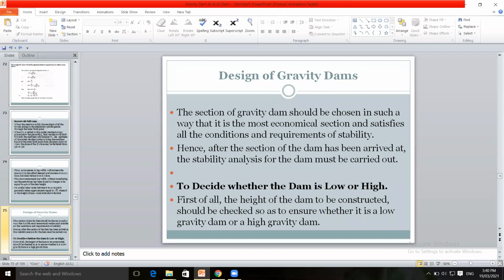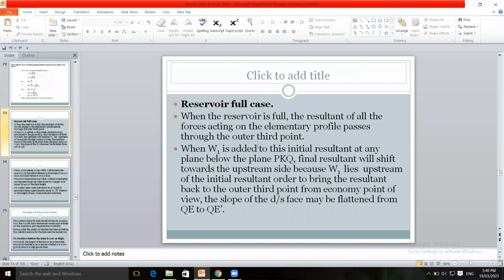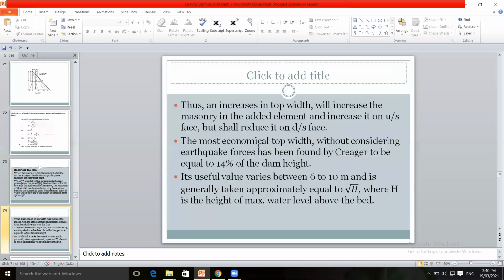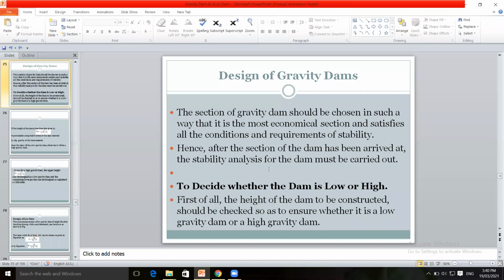And after deciding this section of the dam, further stability analysis is done to decide whether the dam is a low gravity dam or a high gravity dam.